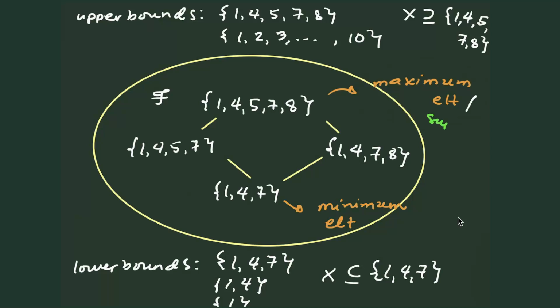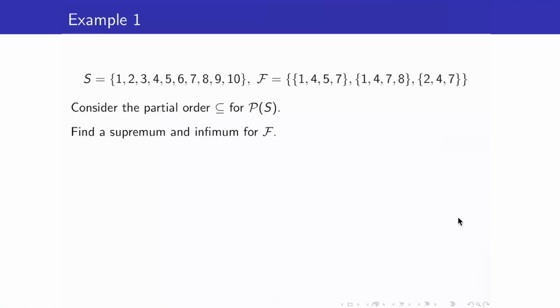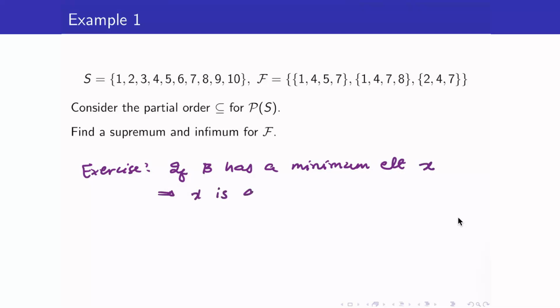So this is our sup F, and this is our infimum of F. Actually, it is a good exercise to prove that if B has a minimum element X, then X is an infimum of B. And also, if B has a maximum element, then that would be your supremum of B.